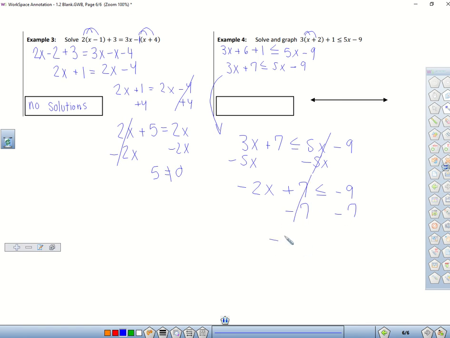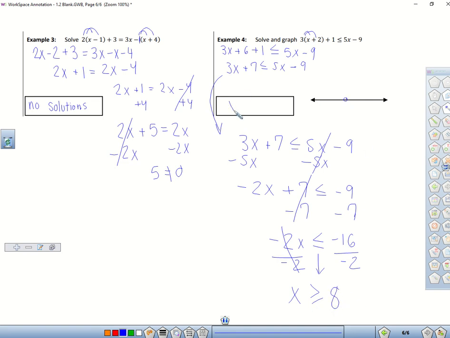That leaves me with negative 2x is less than or equal to, this would be negative 16. Now I'm going to divide both sides by negative 2. Remember, when you divide or multiply by a negative over an inequality, your inequality sign is going to flip, and that leaves me with x is greater than or equal to 8.